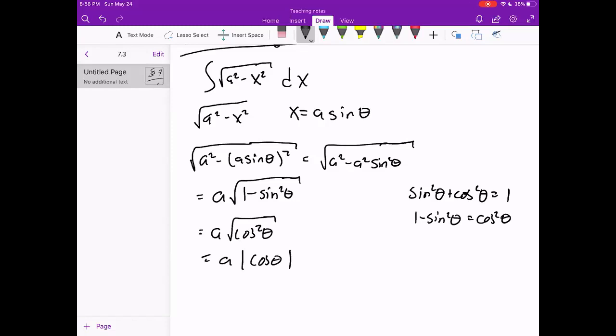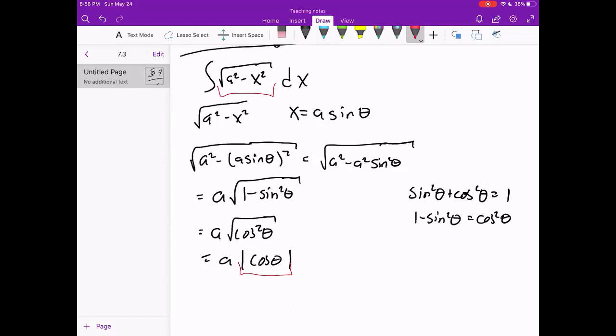And depending on the region that we're looking at, this might be positive or negative. If we can get rid of the absolute values, that's good. But the point is this is much easier to integrate than the square root of a squared minus x squared.